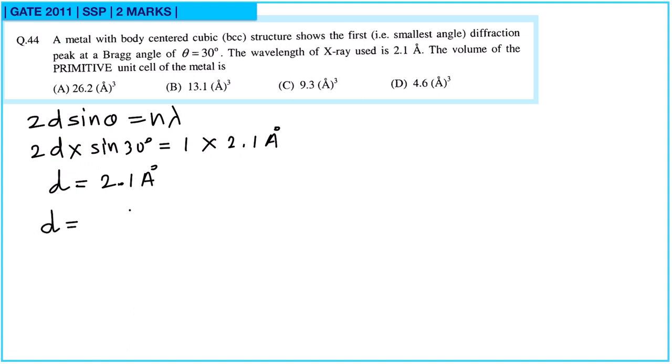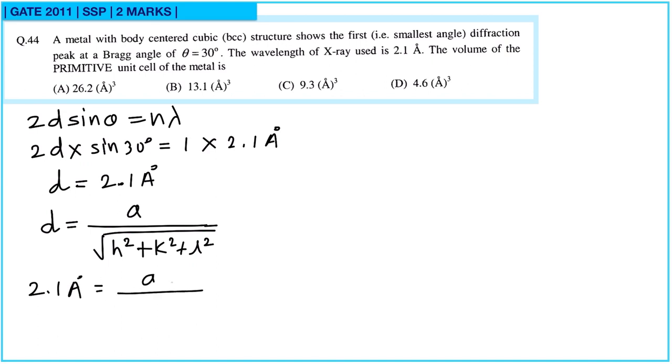Now d is the interplanar spacing and it is equal to a upon under root h square plus k square plus l square for a cubic structure. So here it is a body centered cubic structure. So from here we can write 2.1 angstrom is equal to a upon root of h square plus k square plus l square, and we need values of HKL for this. Now we know the first possible case is 100, the next possible case is 110, the next is 111 and so on.